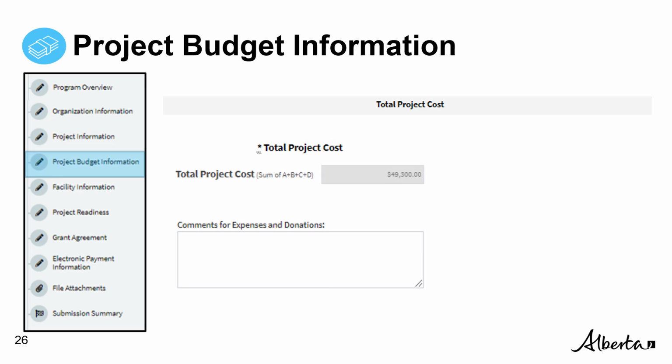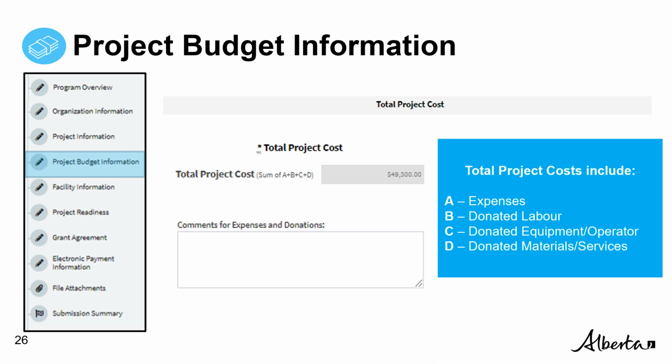If this looks inaccurate, please carefully review your previous entries. The total project cost is calculated by all the entries made for expenses, donated labor, donated equipment or operation, or donated materials and services. You can also leave a comment if you have any additional notes regarding your project cost.